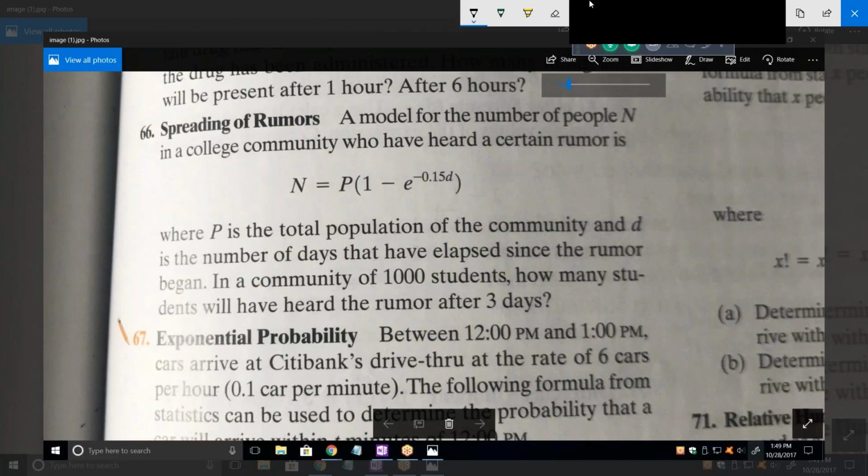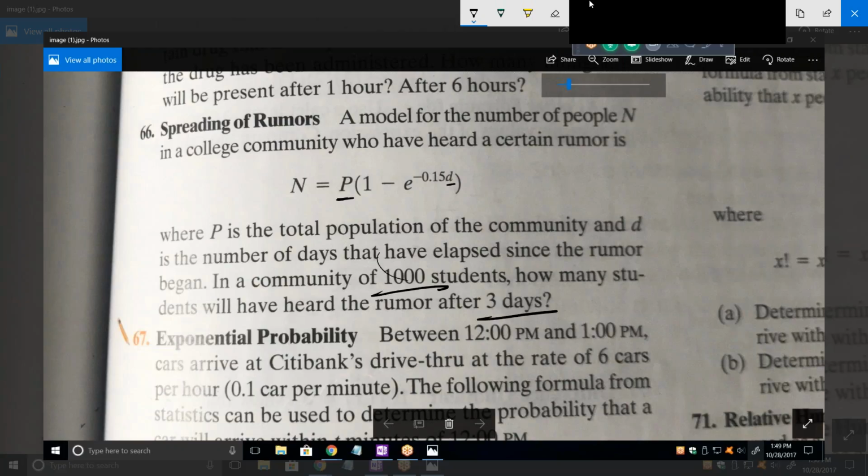Let's see if we can find a little tougher one. All of these are really easy. Okay, and notice here we got two variables. We got P and we got D. Well, they gave us both of them.